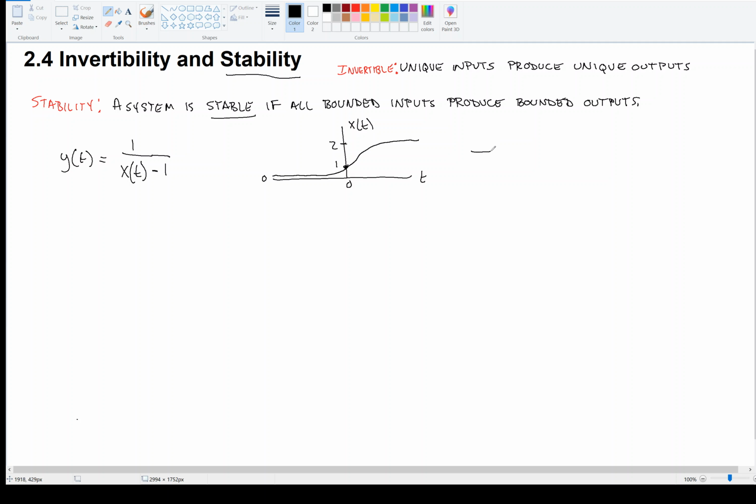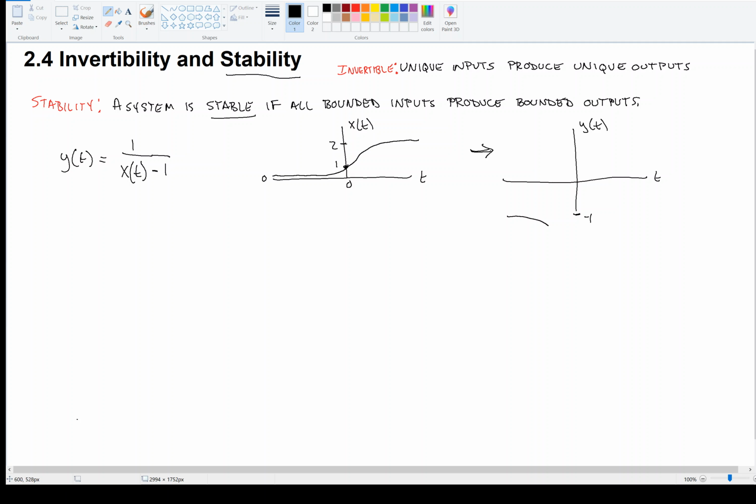Well, one over the signal minus 1. So when the input signal approaches 0, the output would approach minus 1. So minus 1 is down here somewhere. So we've got something that's approaching minus 1. Okay. But when the signal approaches 1, this output approaches 1 over 0.